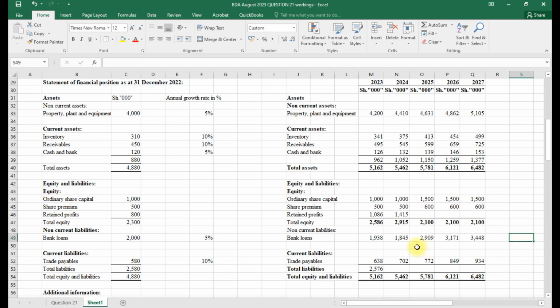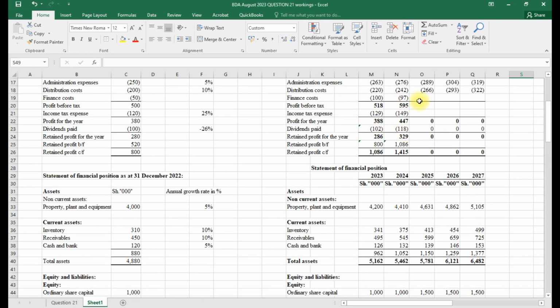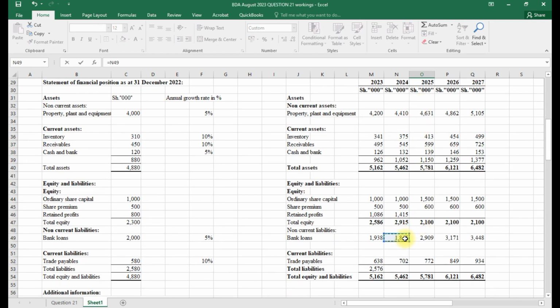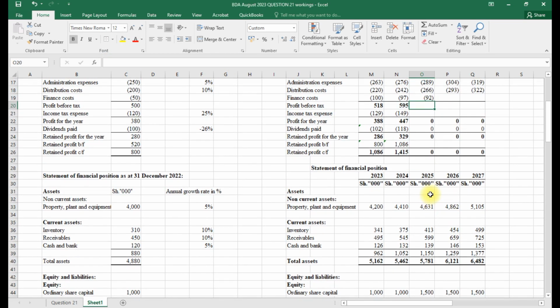So that 1845 we shall come back here to our finance cost, which will be, we'll pick 1845 and multiply by the rate of 5%, and it is a negative, and I will enter that way and allow it to fill the profit before tax.